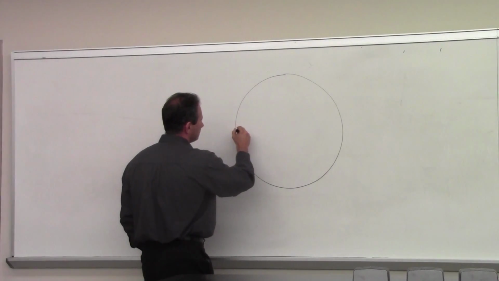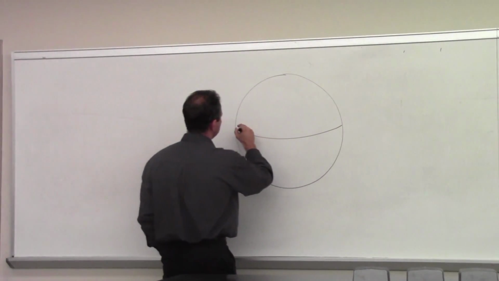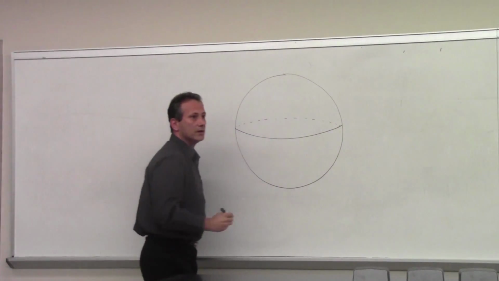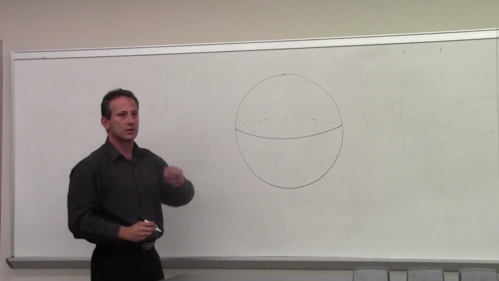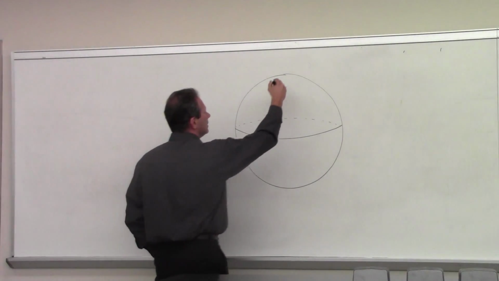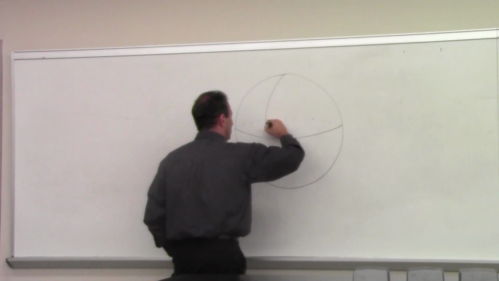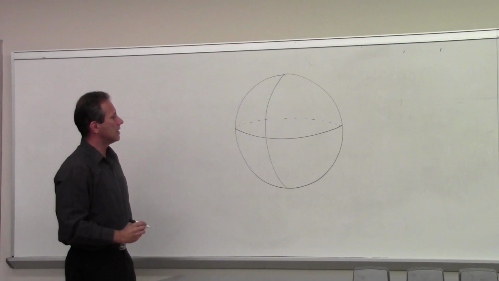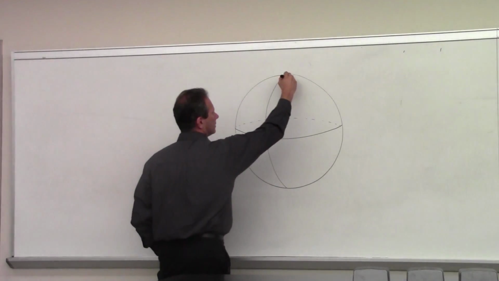To do that, here's our globe. This line that I drew here is equator, right? So that's one circle that we're going to take as a reference circle. The other circle goes from north to south, and then back the other way.